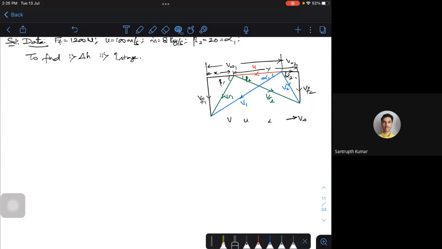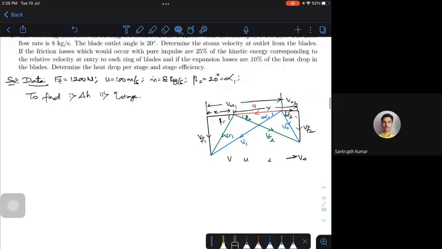Now, if you closely observe, what is your tangential force? Your tangential force, Ft, is equal to m dot into (VW1 plus VW2).